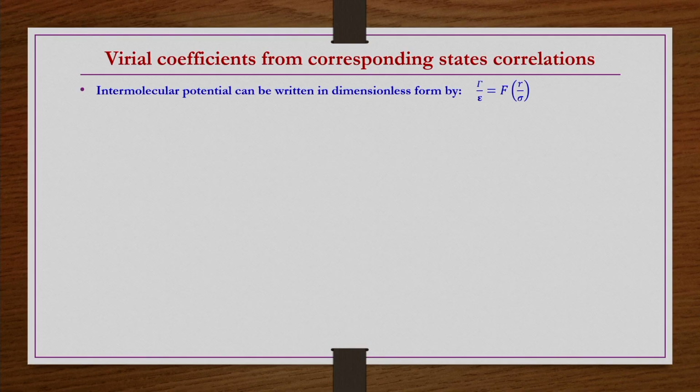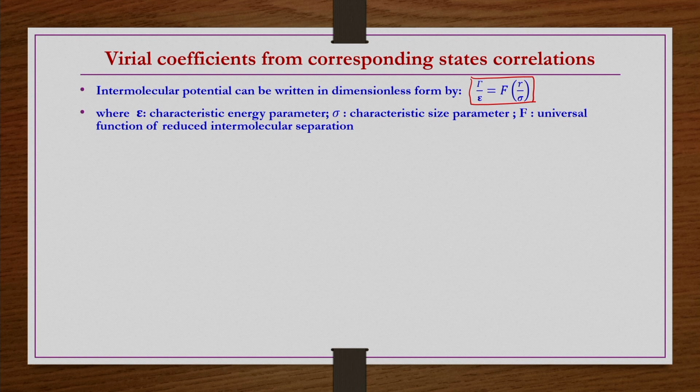So, the intermolecular potential can be written in dimensionless form like this: gamma by epsilon is a universal function of r by sigma, where epsilon is the characteristic energy parameter used to make the intermolecular potential gamma dimensionless, and sigma is a characteristic size parameter, or in many cases the collision diameter, used to make the intermolecular separation distance r dimensionless, that is r by sigma.